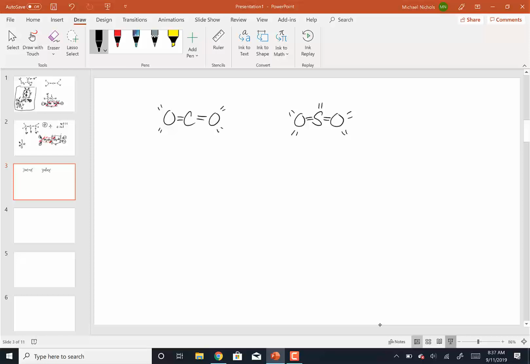Because our next step is, once we have a Lewis dot structure, what should we do next? Now let's put this in its VSEPR geometry. We have to identify the VSEPR geometry. So what's the VSEPR geometry for CO2? What's the VSEPR geometry around the central atom? Linear? How did I know that?